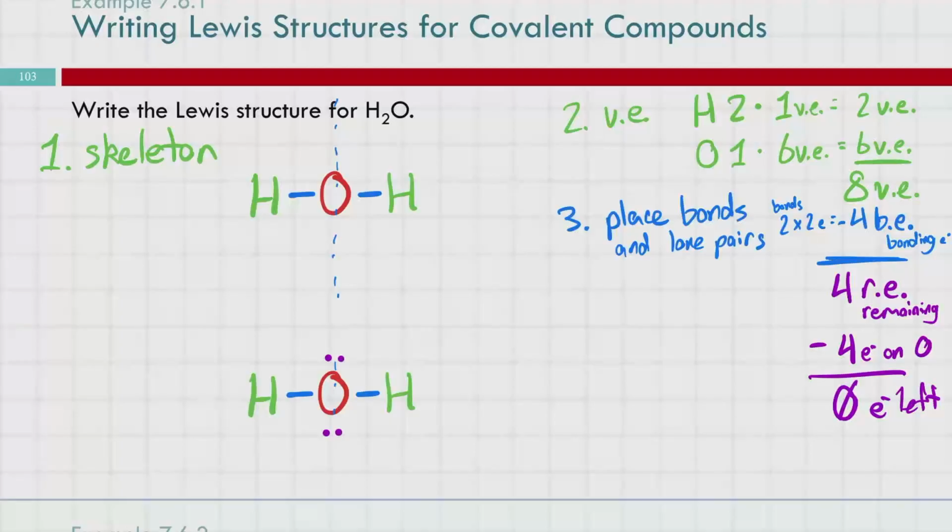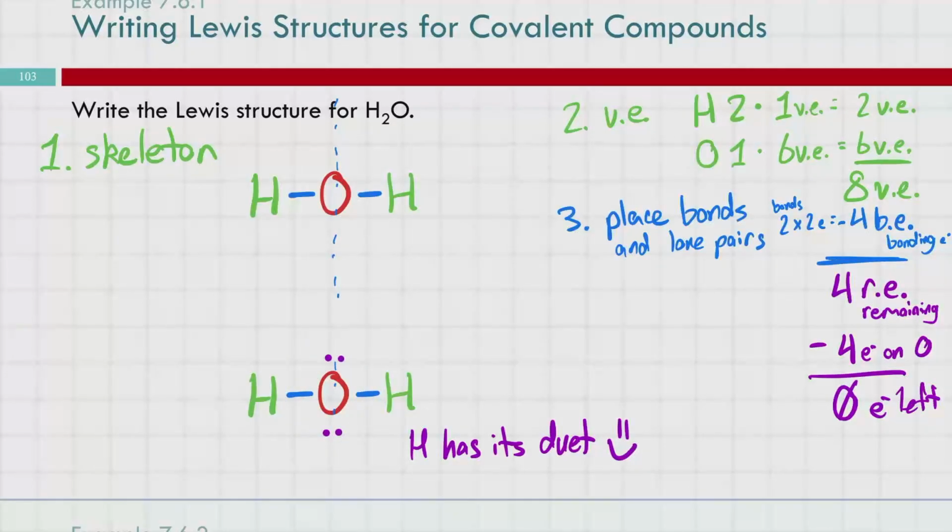Now we have to check, do we have octets? Or in the case of our hydrogens, do we have duets? Our hydrogens have their 1 bond. 1 bond is how many electrons? It's 2 electrons. Each hydrogen has its 2 electrons. Hydrogen has its duet. It's happy. Oxygen, does it have a full octet?